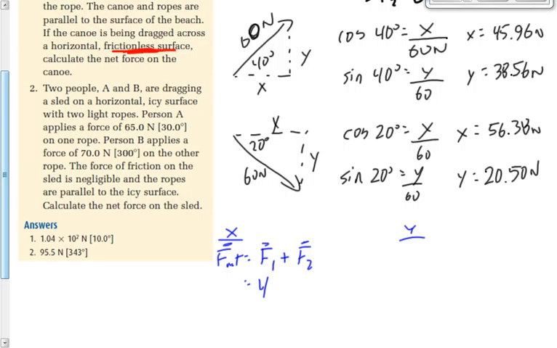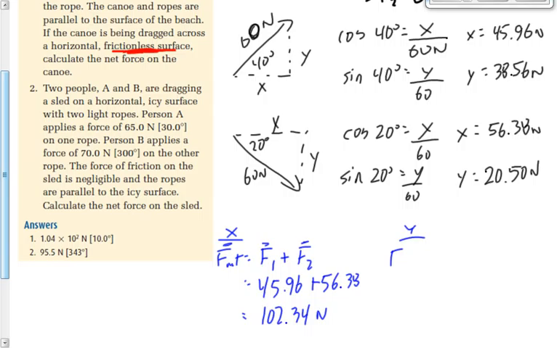The reality is if you go 2, you're probably going to be okay. But we're guaranteed pretty much to be okay if we go 3 or 4 or 5 decimal places. So we get 45.96 plus F2 is going to be 56.38. Right, the 2 x components. We add those up and what do we get? 102 point something? 102.34. All right, good. Thank you.